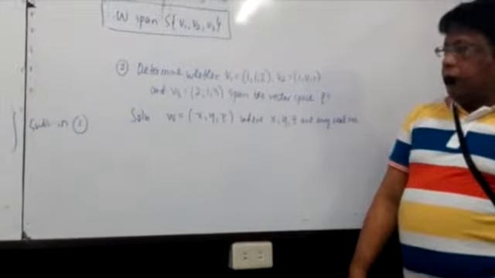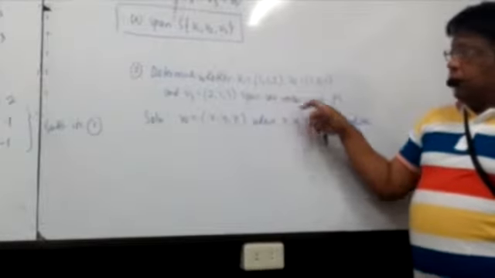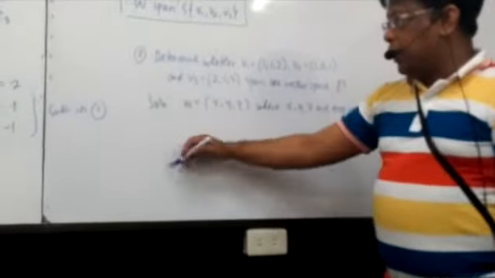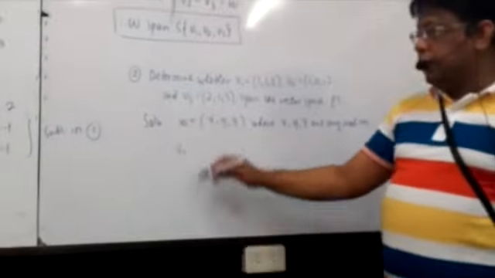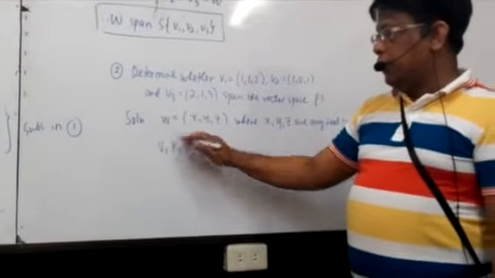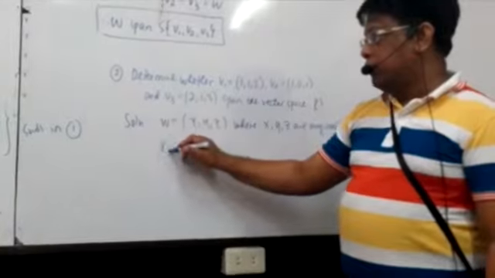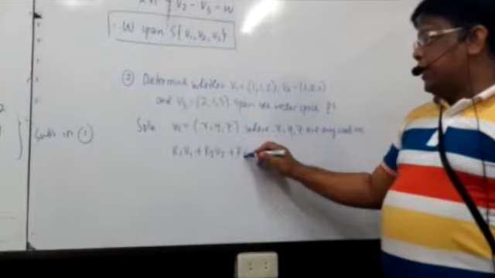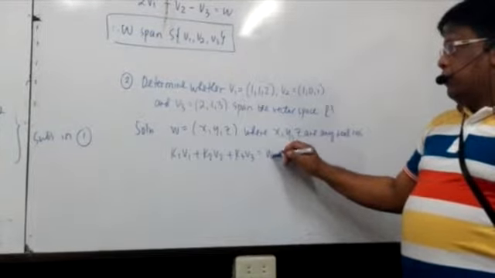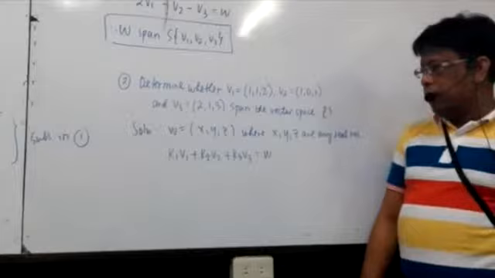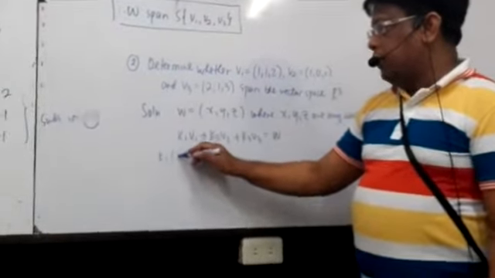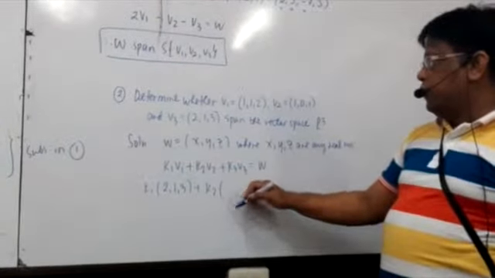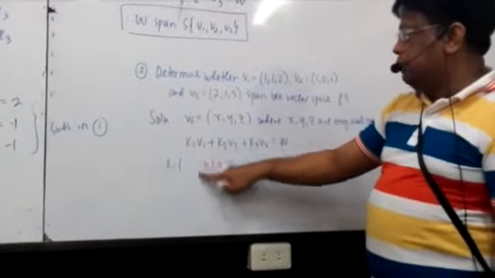And then when you define now if the given vectors span the vector space R3, we have now the formula using the standard equation K1 V1 plus K2 V2 plus K3 V3 equals vector W. Okay? So K1, then you have your V1, 2, 1, 3, plus K2, then you have, it should be, 1, 1, 2.